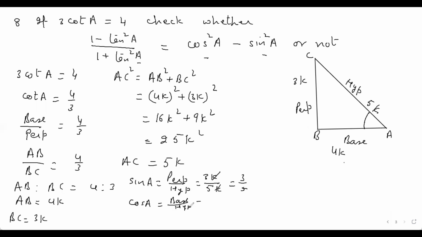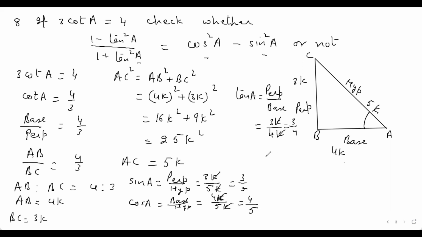Base is equal to 4K by 5K. You have 4 by 5. Now, what is tan A? Tan A is equal to perpendicular upon base. What is perpendicular? 3K by, what is base? 4K. It means 3 by 4.